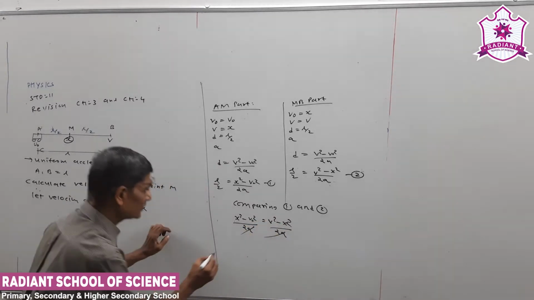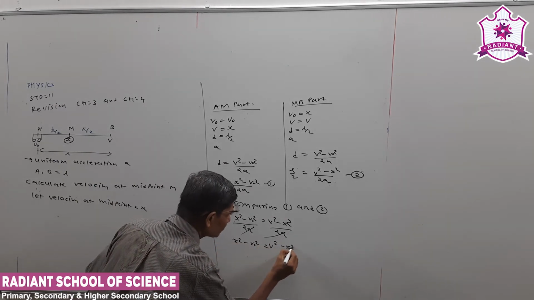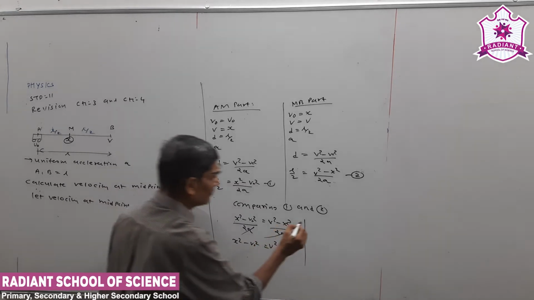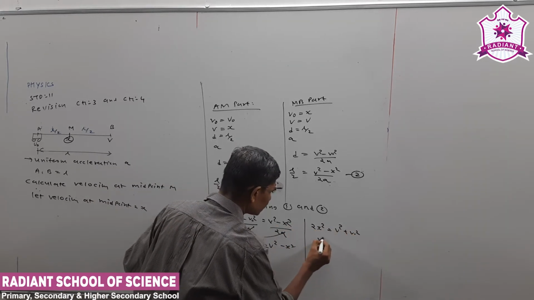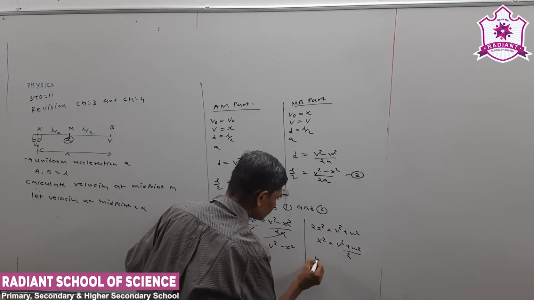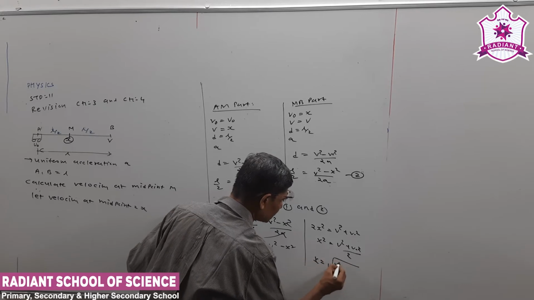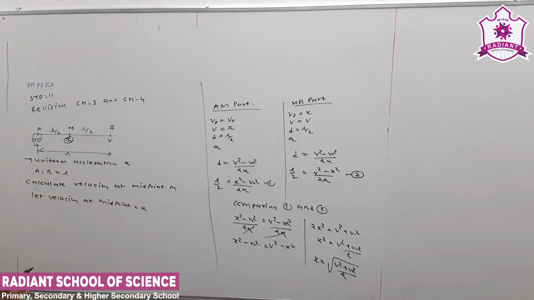See, this will get cancelled. If I solve, x square will come on this side, 2x square equals v0 square plus v square. x is the velocity at the midpoint. It will be the root of v0 square plus v square by 2.